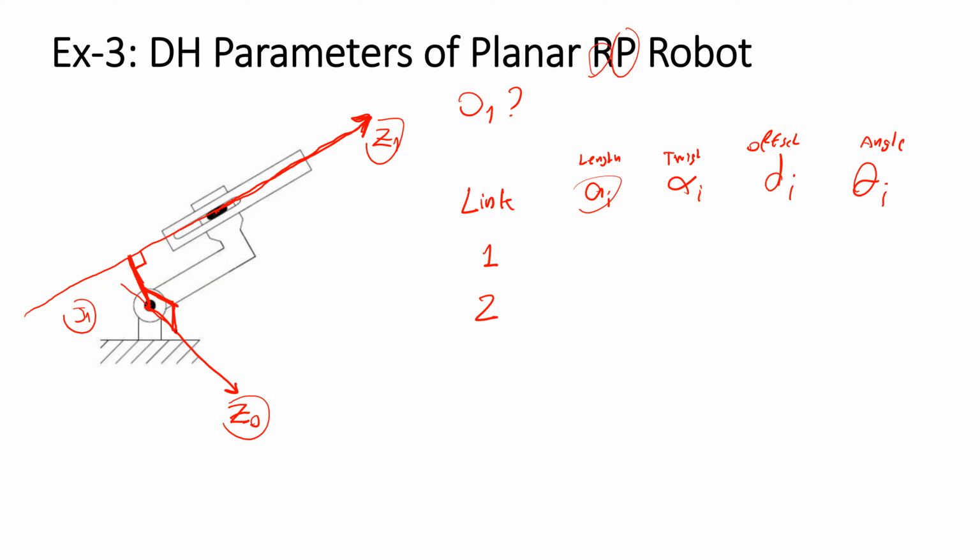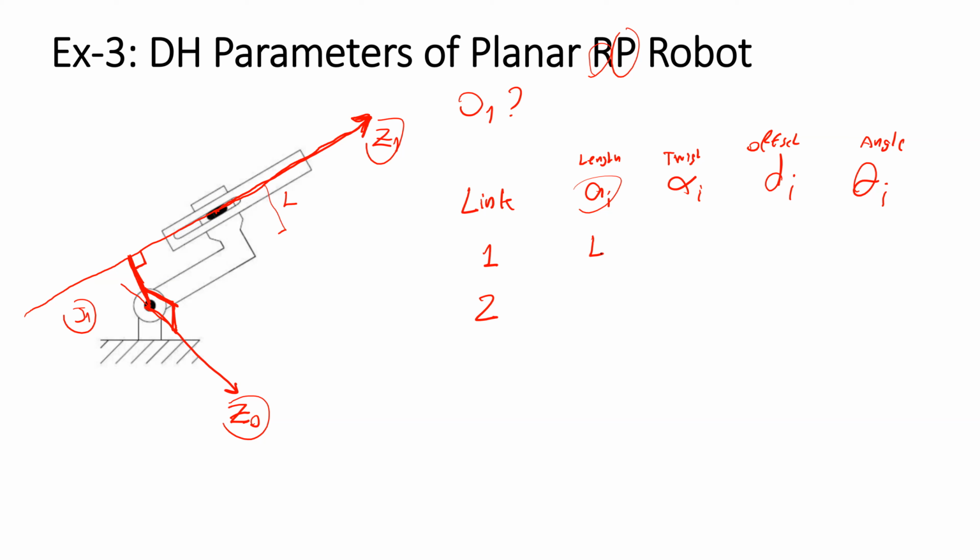The mutual perpendicular will be this line. So it means we need to know this dimension of the robot. And the link length will be this dimension. The mutual perpendicular between Z0 and Z1 will be the link length 1.